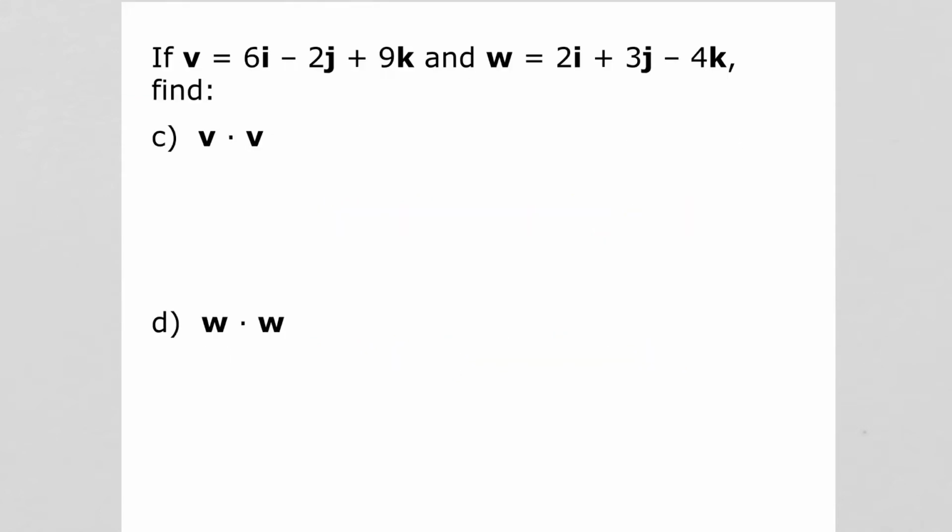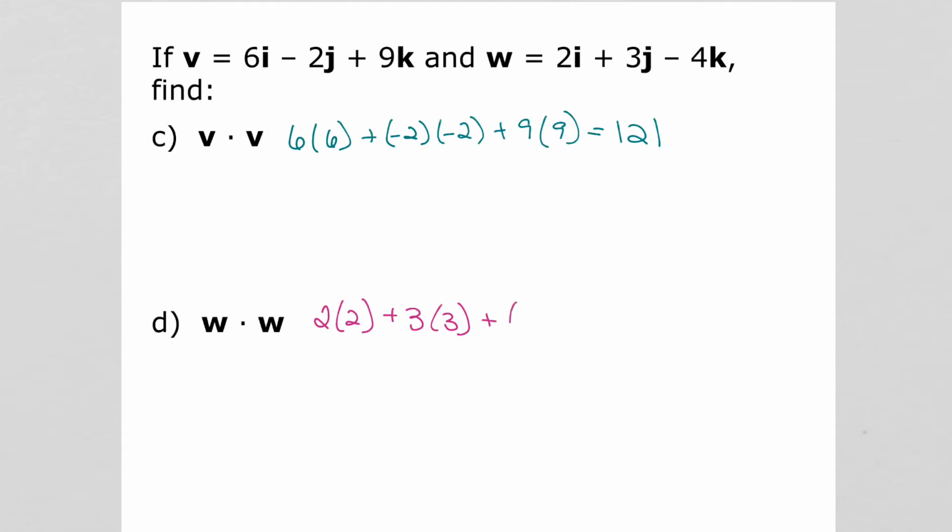Dot product of v and v, 6 times 6 plus negative 2 times negative 2 plus 9 times 9. That is 121. And w dot w would just be 2 times 2 plus 3 times 3 plus negative 4 times negative 4, or 29.